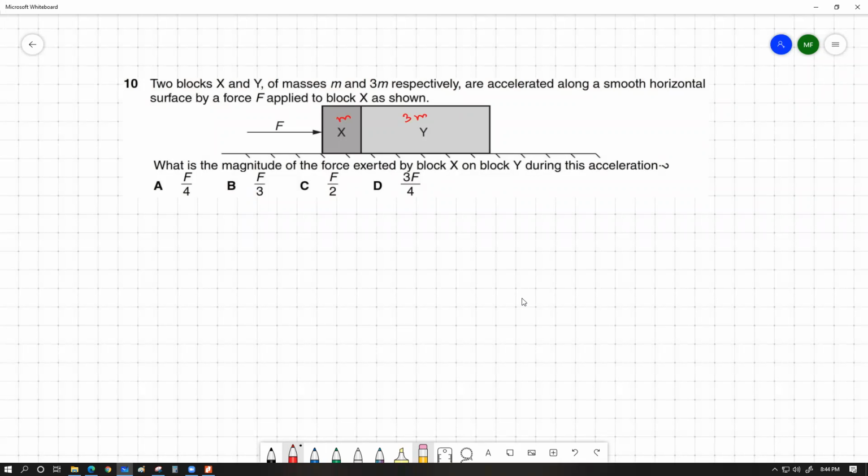So if I write this out, F equals ma, so the acceleration of the object should be given by F divided by the mass, which in this case is M plus 3M, so this is F divided by 4M.